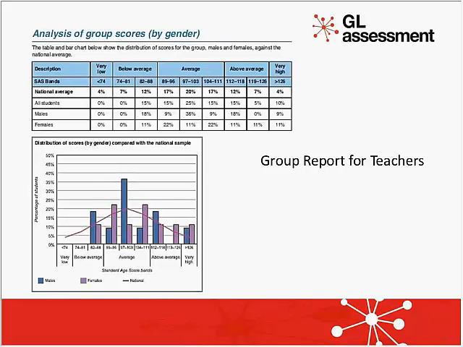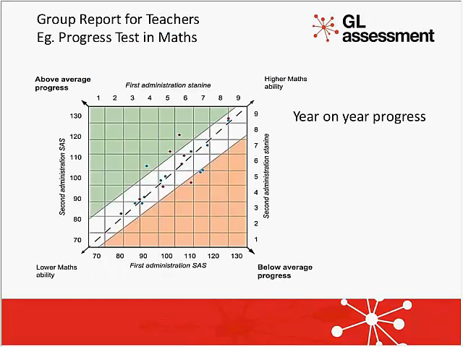This is that progress report. As I say, you do need 2 years' worth of progress, because that's what that scatter graph shows. It shows a second administration score up the vertical axis and a first administration standardized age score along the horizontal axis. And then scattered on that are the scores for the various individuals. And if they fall within that white banding, then they're making average progress.